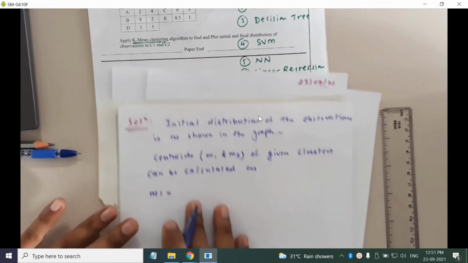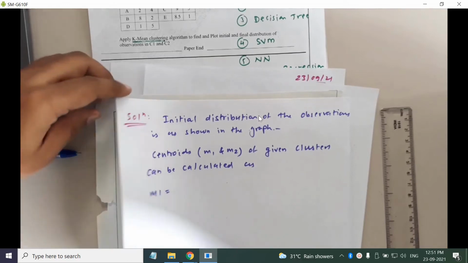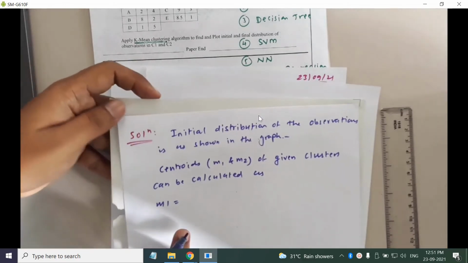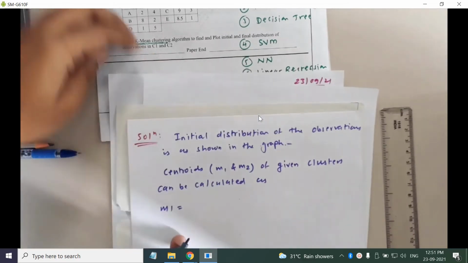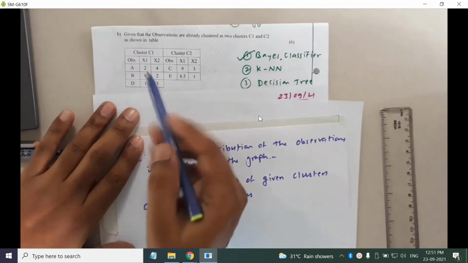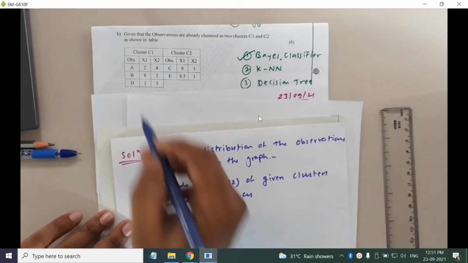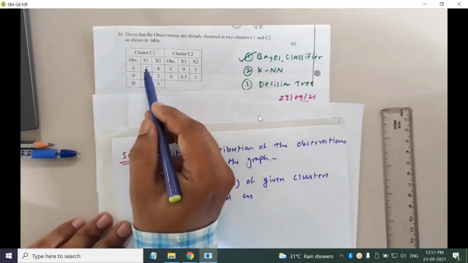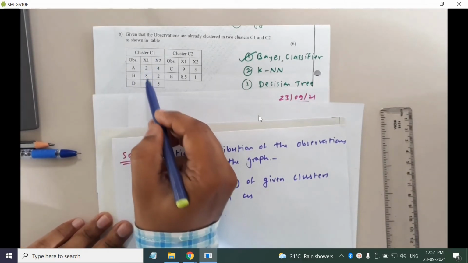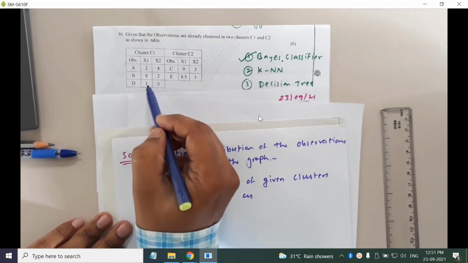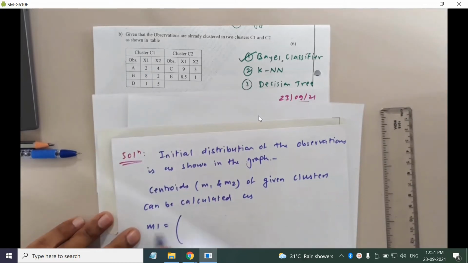M1 equals to... So in cluster 1, M1 is the centroid of cluster C1. So you calculate the average of 2, 8, 1, that would be the x coordinate of M1.